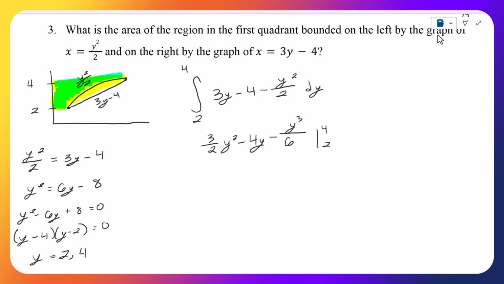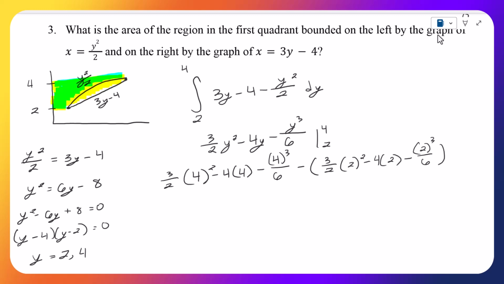So I'm substituting in my top bound minus my second bound. Okay, now you can pause it, and when I come back, I'll have all this filled out, and you can try to do the computation on your own. I'm not going to fully simplify it. I'm just going to combine the like terms pretty much.